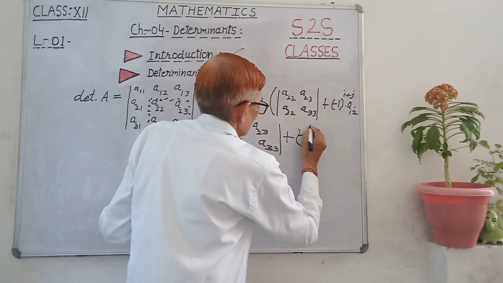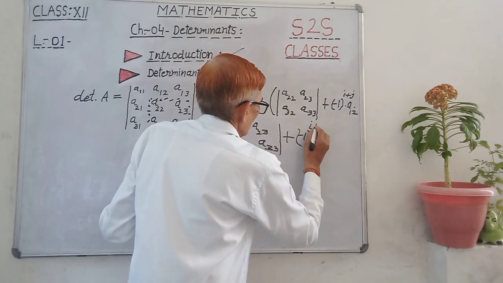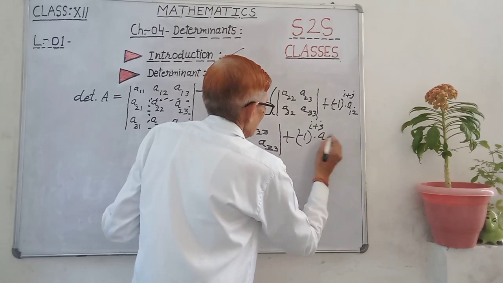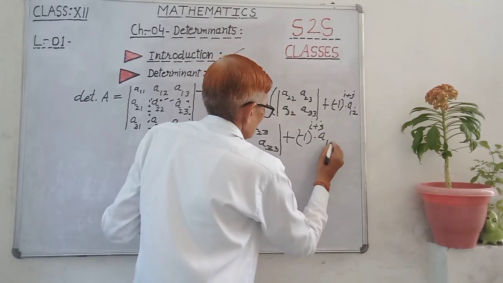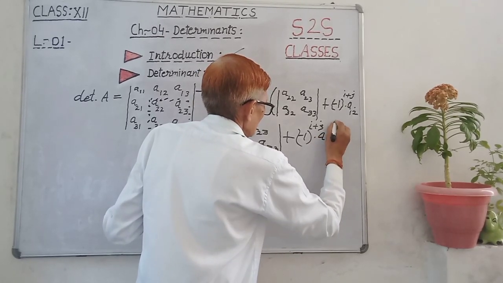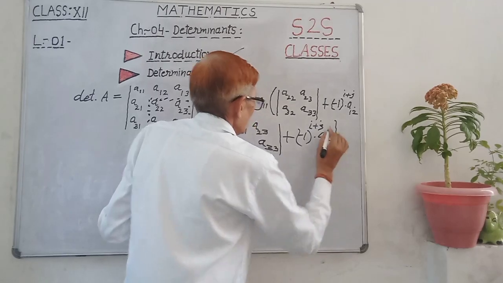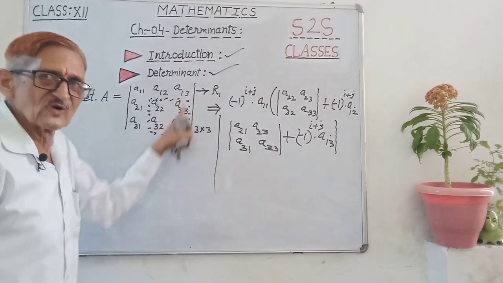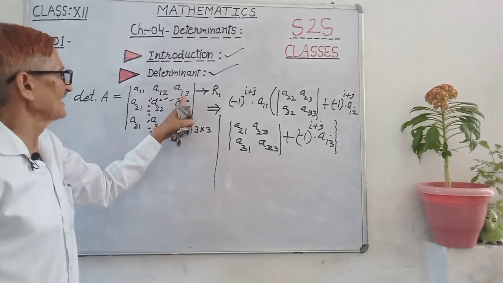Then minus 1 power, same formula, minus 1 power I plus j into element a13 element into remaining after cancelling the column and the row along that element.